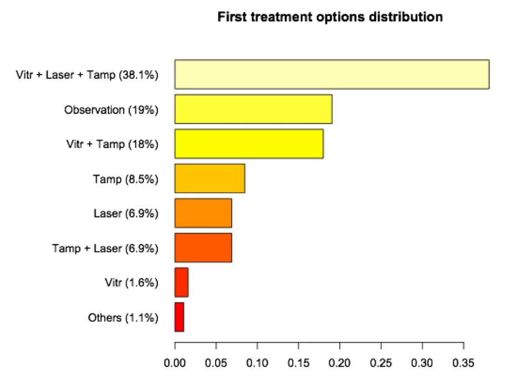And 18%, almost 20%, received vitrectomy with tamponade without laser. Some of them only tamponade, so just an injection of gas, some of them just laser, or the combination of the two. Some, but very few, only vitrectomy, and 1.1% received a combination of different treatments.